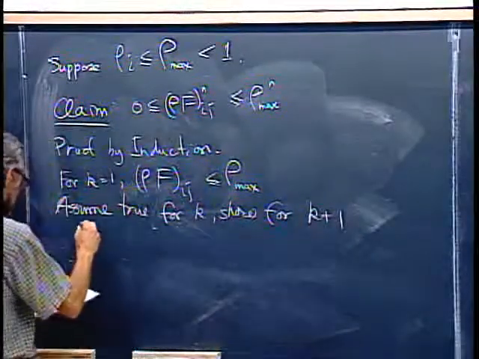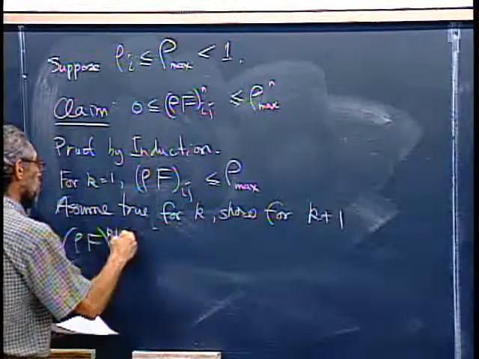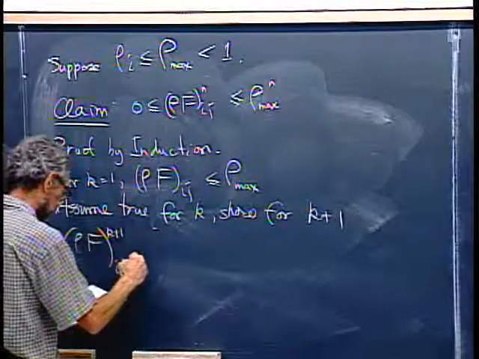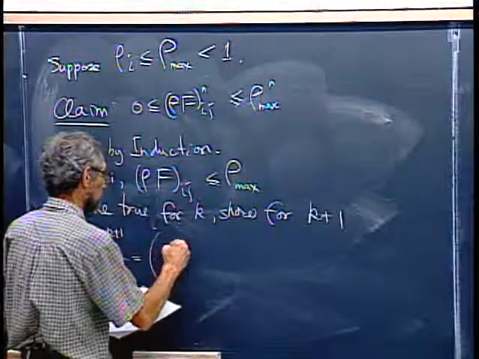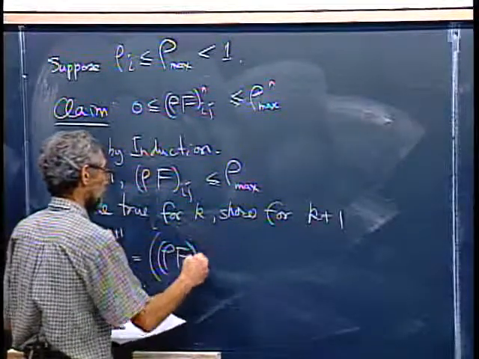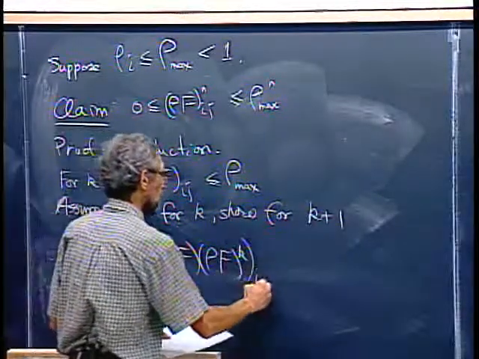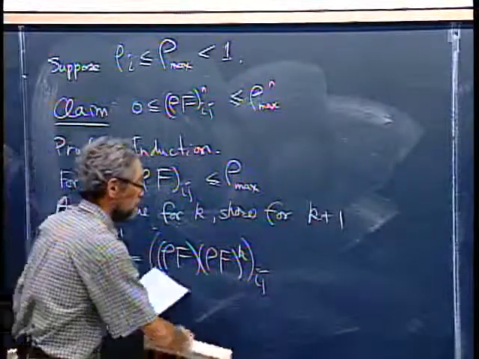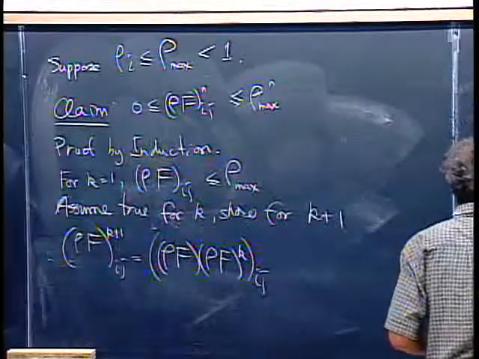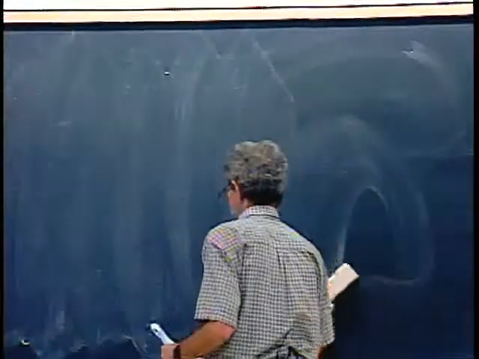So basically what I need to look at is rho f to the k plus 1 power, the ijth entry of that. If I'm going to use the induction hypothesis, I'm going to have to pull off a rho f and then a rho f to the k power and look at the ijth term of that. So now I'm going to have some more inequalities here using those properties on the next board. So what can I do?